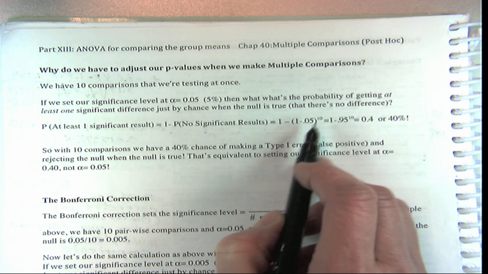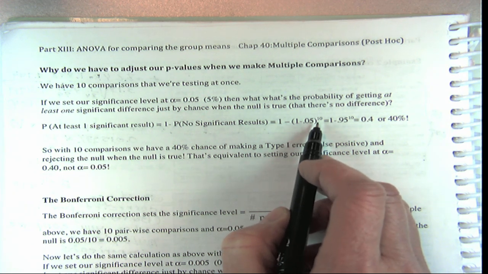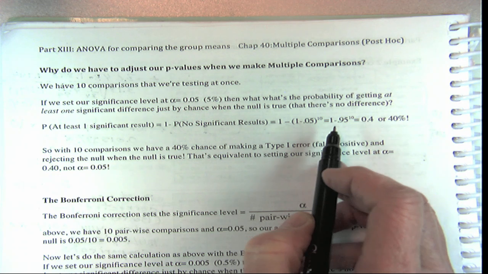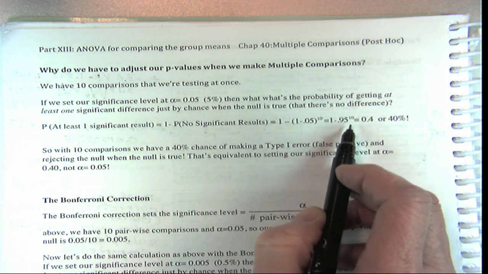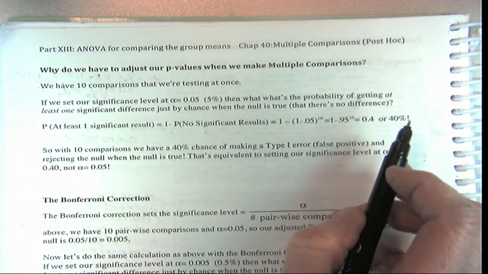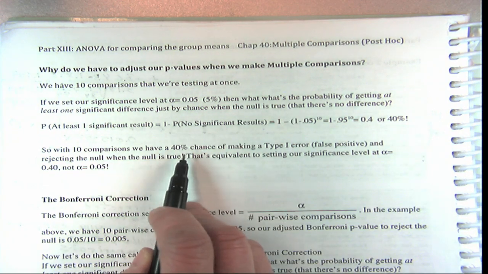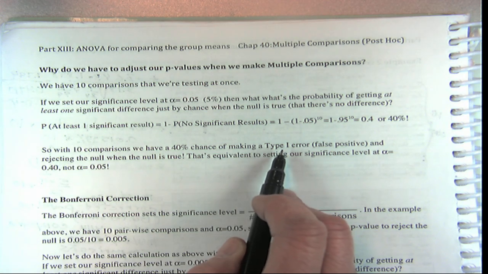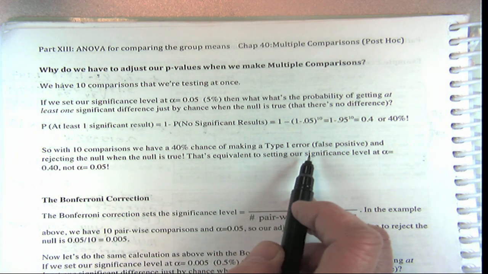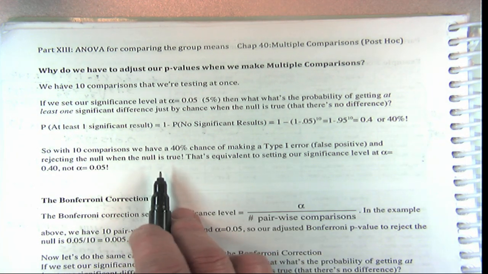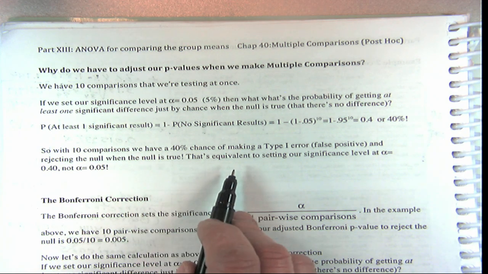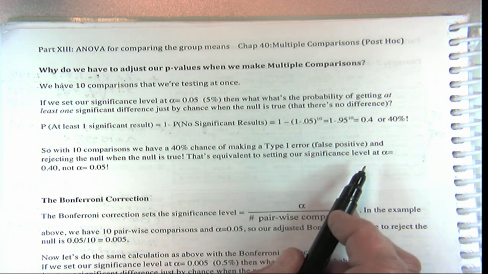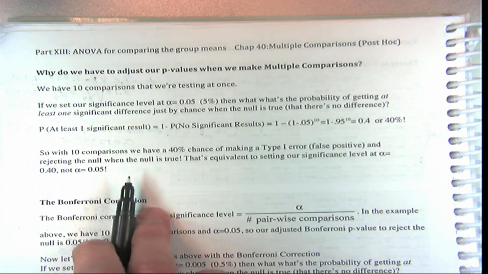But if we're doing 10 of them, it's raised to the 10th. So that's 1 minus 0.95 to the 10th, which is equal to 0.4 or 40%. So with 10 comparisons, we have a 40% chance of making a type 1 error, a false positive, rejecting the null when the null is really true. So it's really equivalent to setting our significance level at 40%, not 5%.